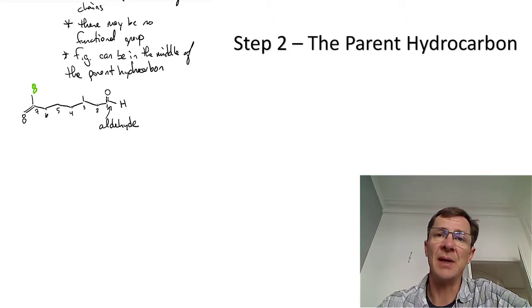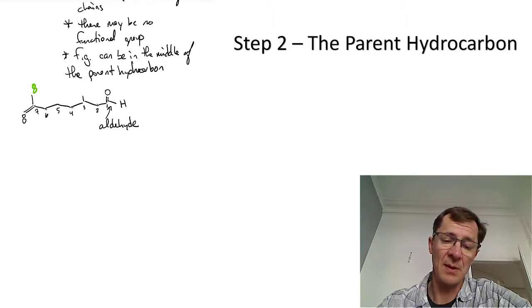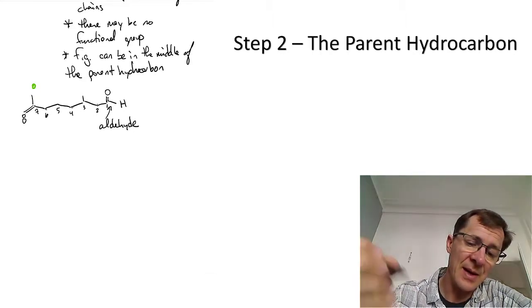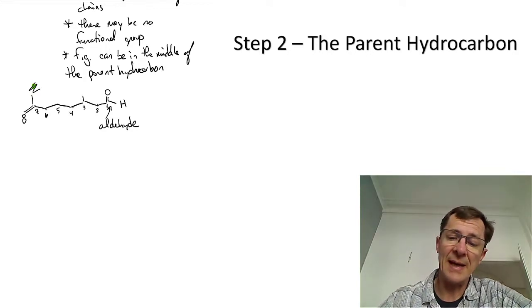There are some nitpicky rules on that, like alkenes are more valuable than alkynes for reasons that nobody knows. Fortunately, they don't come up very often. But if you have a choice with your parent hydrocarbon, choose the one that contains the most pi bonding systems. Now, that cancels out that guy. And we are left with 8.